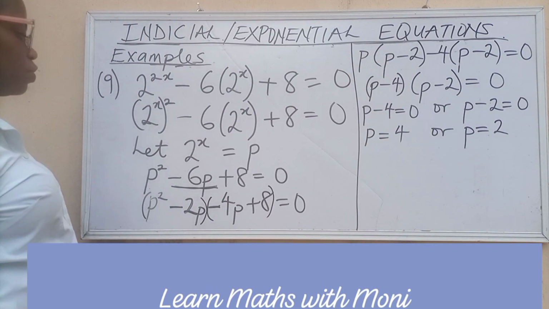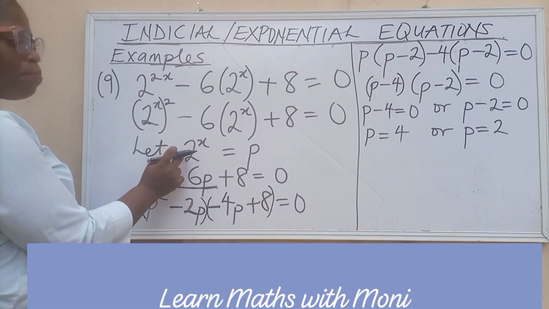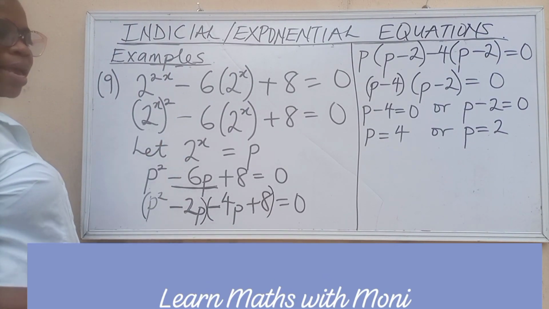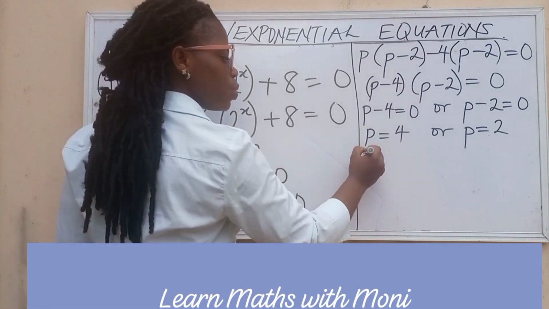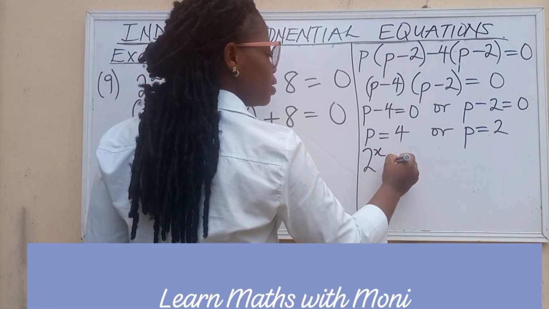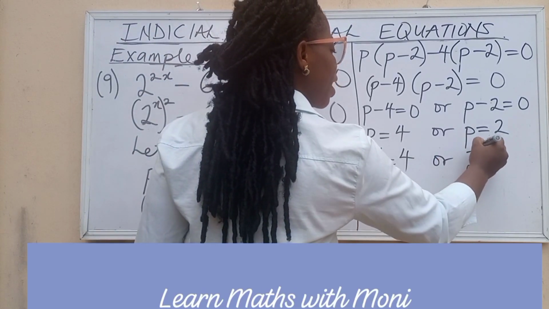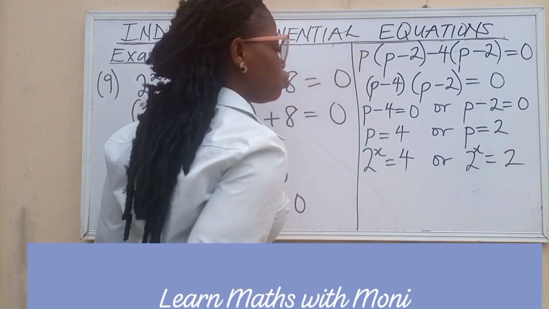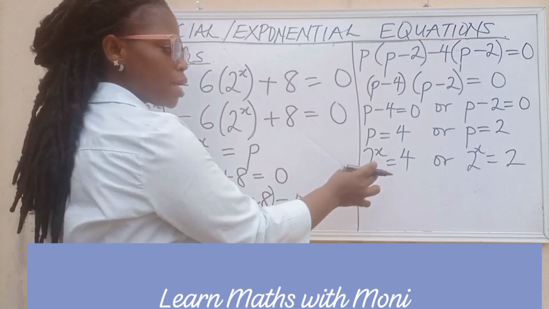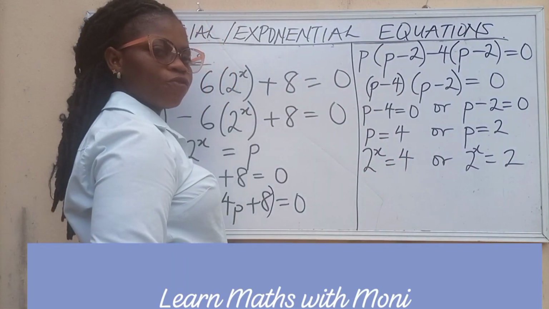Then we have to substitute back. Remember, p is actually 2 raised to power x. So we have 2 raised to power x is equals to 4 or 2 raised to power x is equals to 2.